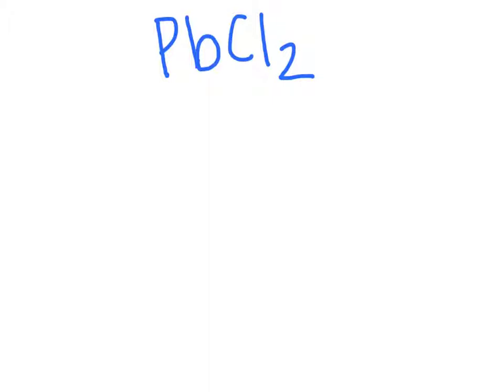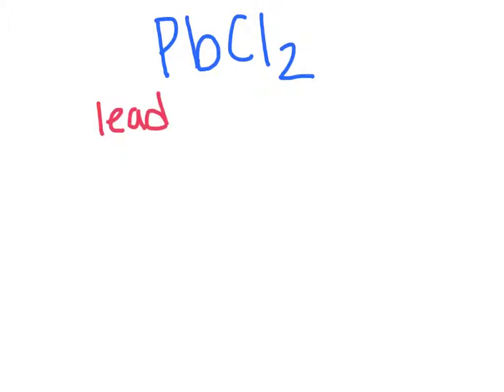Alright, let's do an example here. If you think you can name this right now, just go ahead and pause me, write the name, and then check your answer. If you can't, you need to be writing steps down. The first step is just to write the name of the metal.